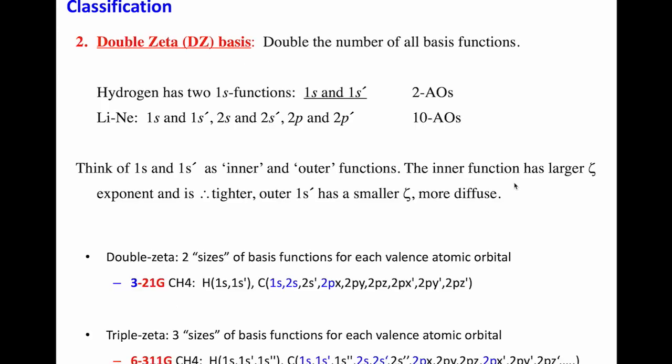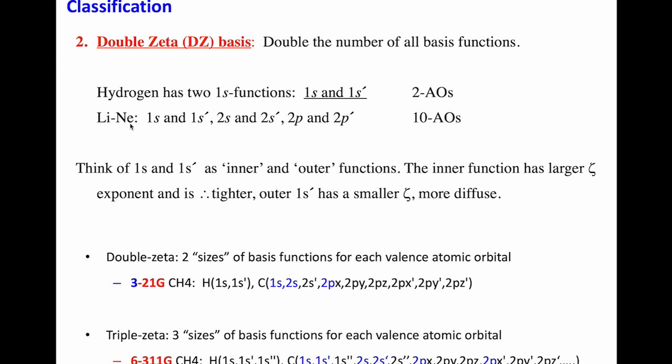Then the next one is double zeta. Here each atomic orbital is divided into 2. That means the 1s orbital has 2 basis functions, 1s and 1s dash. So for hydrogen there are 2 basis functions.